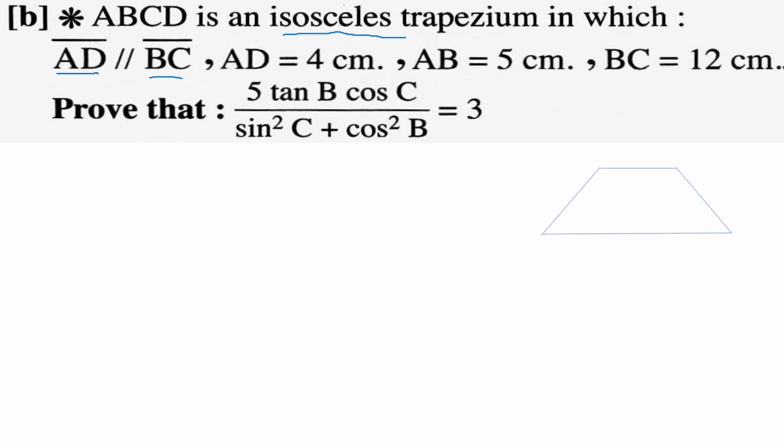Our trapezium ABCD, and AD is parallel to BC. We put everything, we just need to add dimensions. AB is 5, AD is 4, and BC is 12. What about DC? It wasn't given, but no problem because it is already isosceles. That means these two sides are equal, so that side is also 5.